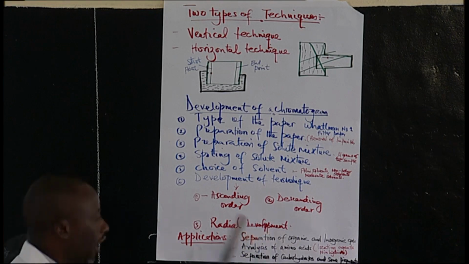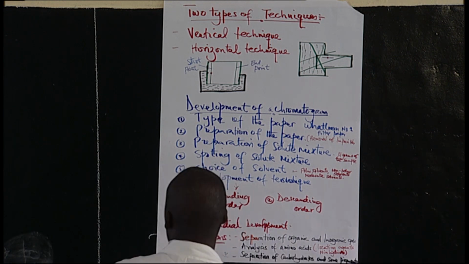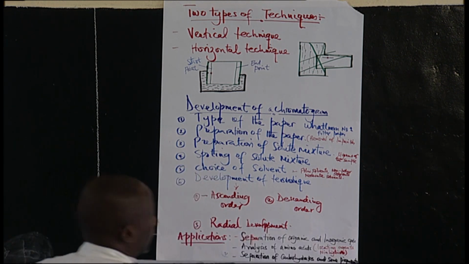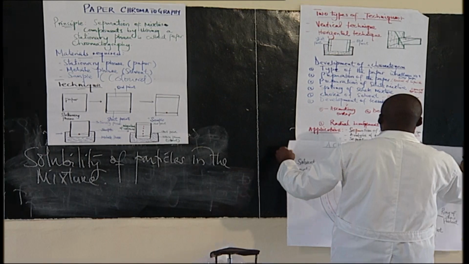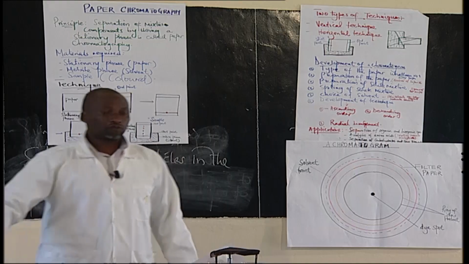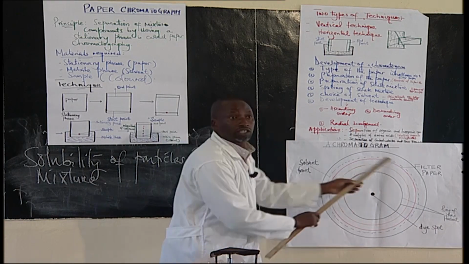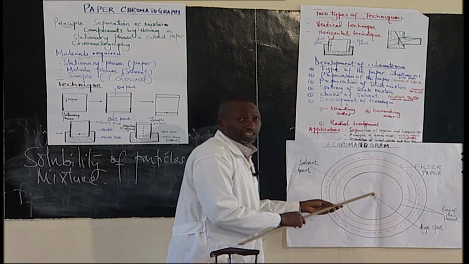And then we have the radial development. The radial development is the most common that we use. So the radial development is this one. In the radial development, you will have the ink. The whole of this one is the filter paper. And then you have the ink in the middle.